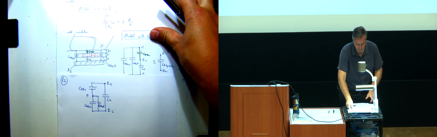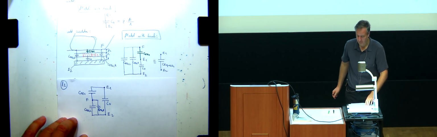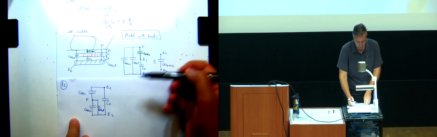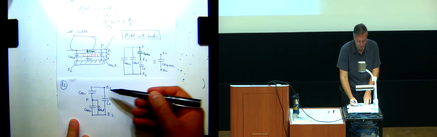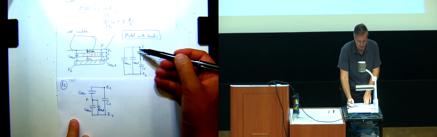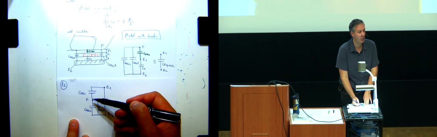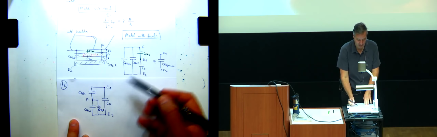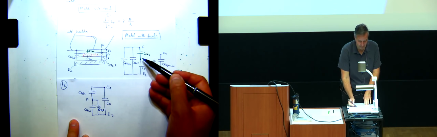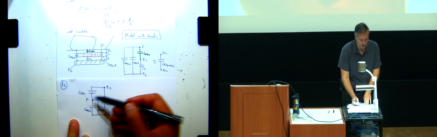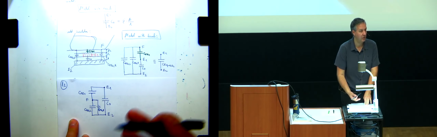So here's the original one, right? So I'm just tracing, so between E1 and E2 there's C0. And then I just moved this one on this side just so I can see things more easily, right? But CFE1 is still between E1 and F, so nothing really changed, right? Yes?